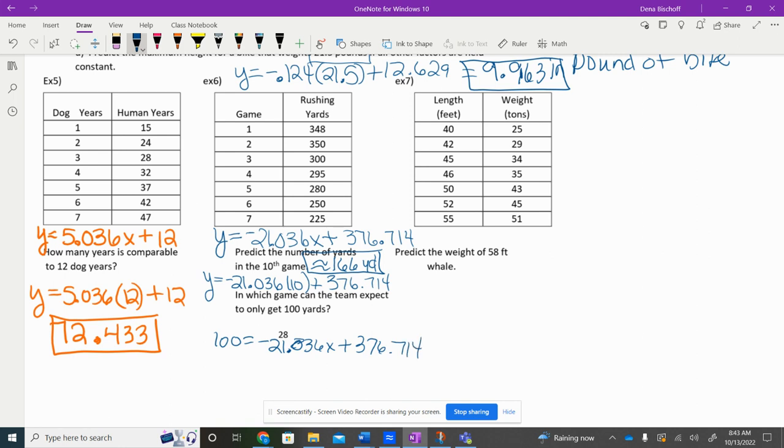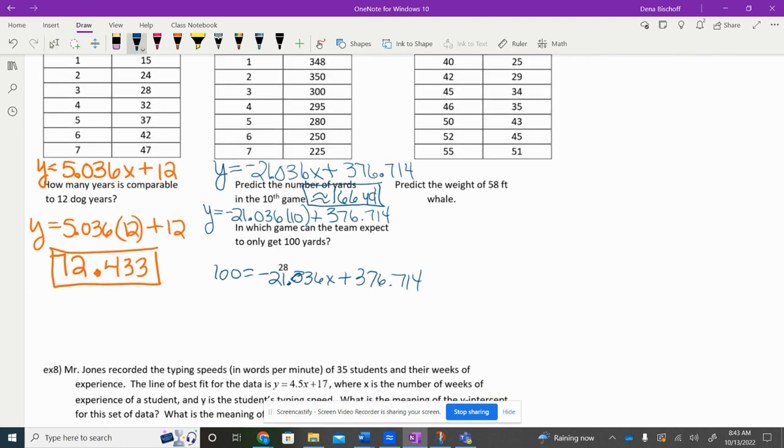So 100 minus 376.714, and I'm going to take that and divide it by the negative 21.036. And I find out that they can expect to only get 100 yards in the 13th game.